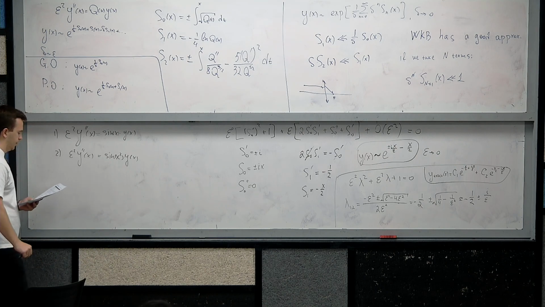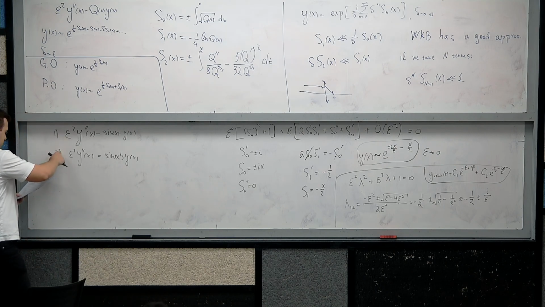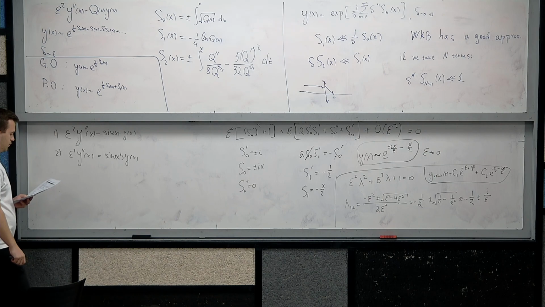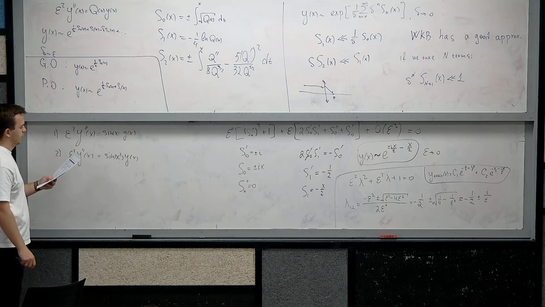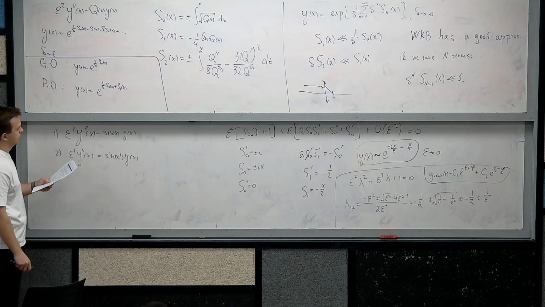So for the first one and for the second one, we need to say for each fixed value of x, whether the physical optics approximation is good as epsilon goes to 0. That's the first question, and the second question is whether WKB is accurate when x goes to infinity.